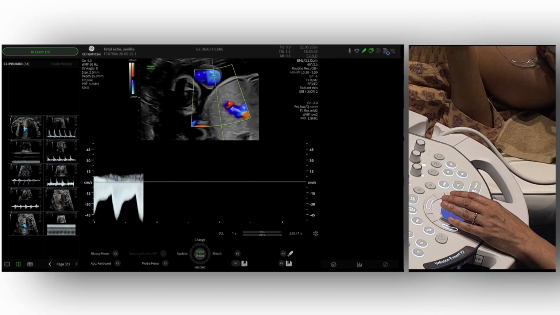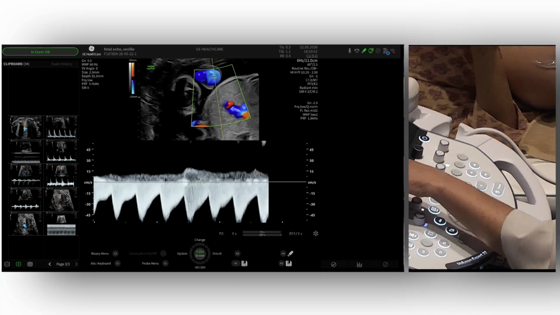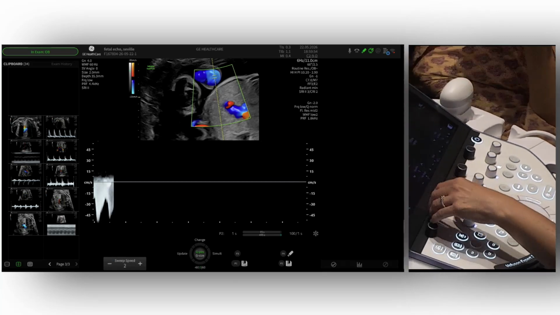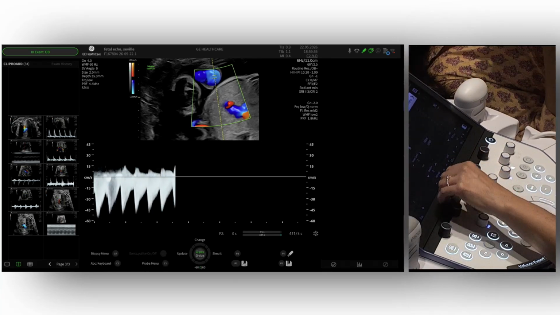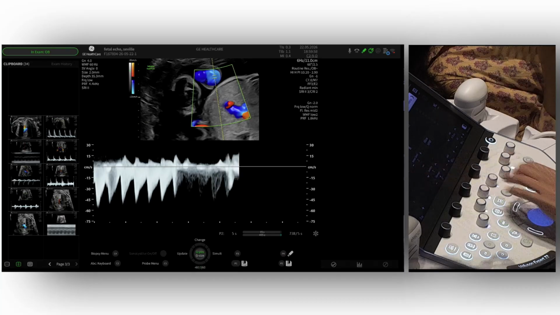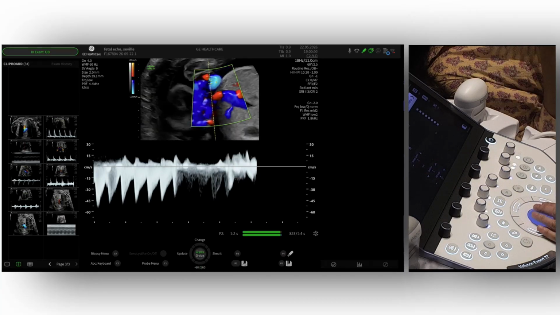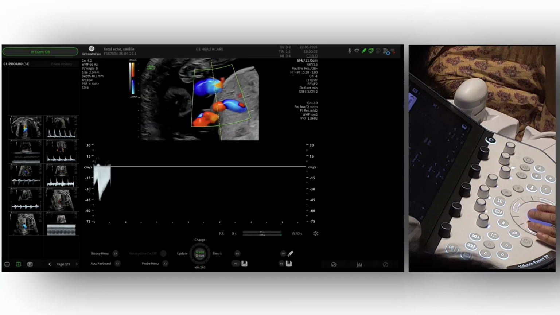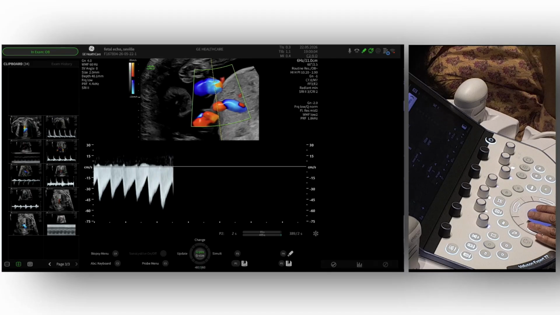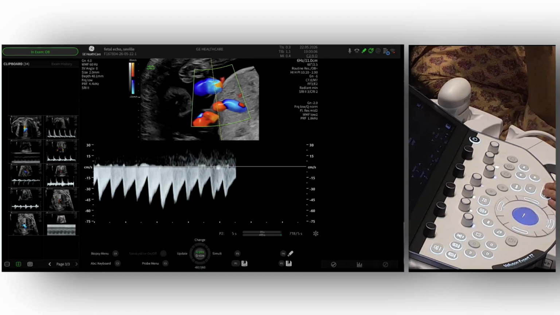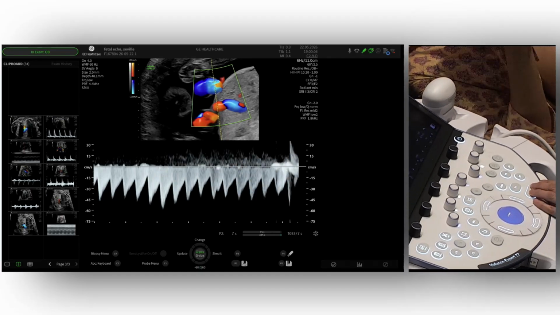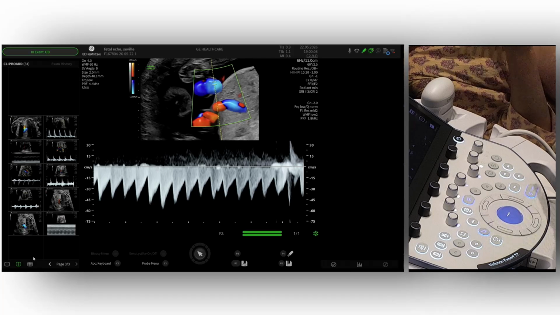So if it does not move, we can sweep the baseline, and let's hope it will remain still for a while. And then we can see, well, it's because it's breathing, it's moving, it's a very active baby, but we can see here the ventricular rhythm.